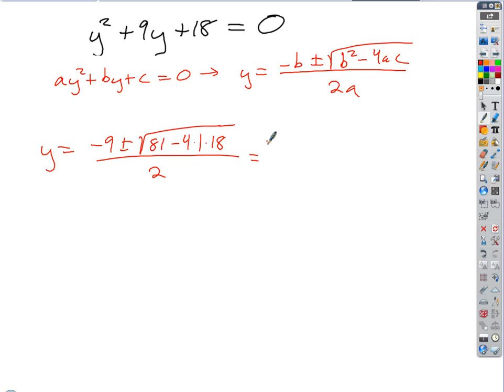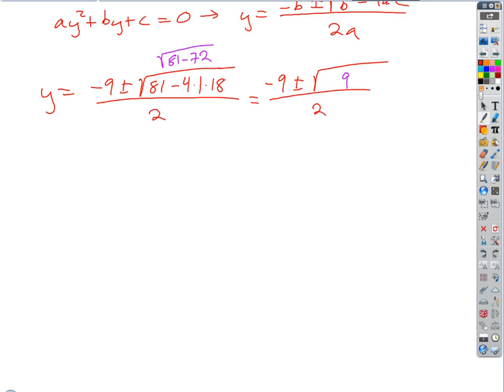Okay, so that gives me negative 9 plus or minus, well, what's 4 times 18? 72. So this becomes the square root of 81 minus 72. What's that? 9. All over 2. So then y equals negative 9 plus or minus the square root of 9, which is just 3, right?